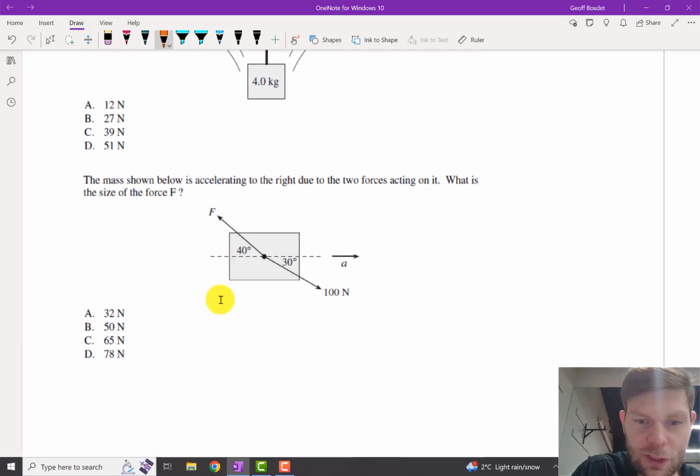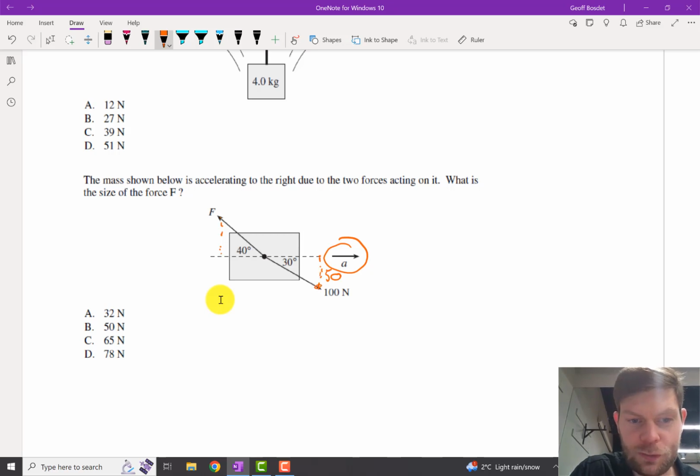Very quickly for this one, because I like this one. Hey, your acceleration is straight horizontal. That tells you that your vertical components have to cancel. That is the only way you get a straight horizontal acceleration. So 100 sine 50 to get this component would equal 50.